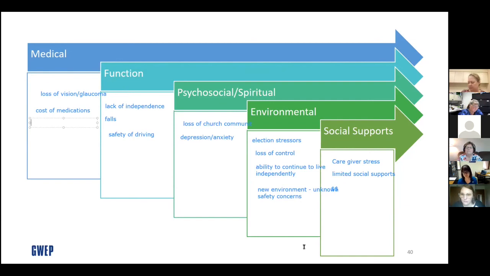We also have our MAs in the office that get some more of those historical pieces, so those are already available in the chart. Ideally, we also have Sue, our pharmacist. She doesn't necessarily sit with us on every patient, but she's a great resource if we have concerns about medication interactions.